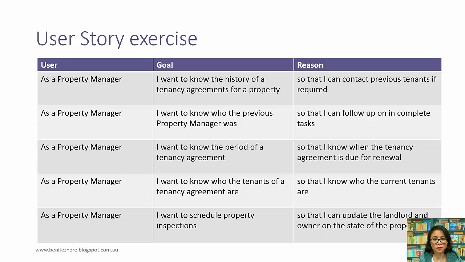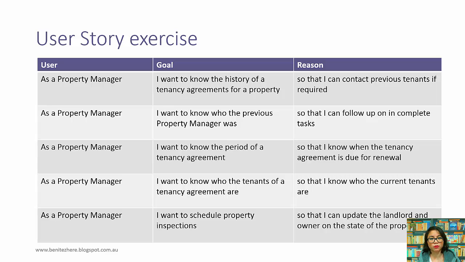So in front of you, there are things like property managers needing to know the history of tenancy agreements for a property so that they can contact previous tenants if required. There's things like wanting to schedule property inspections.